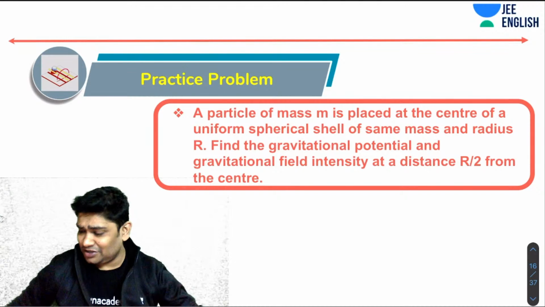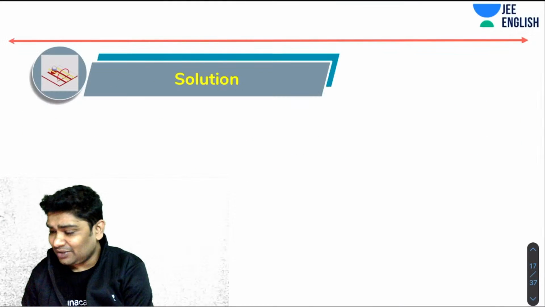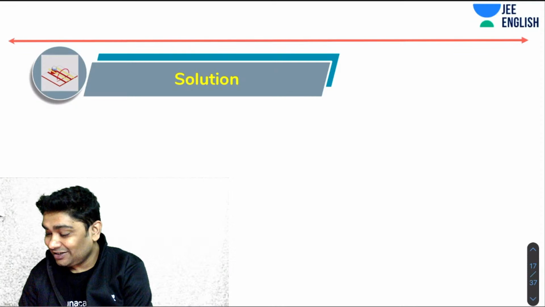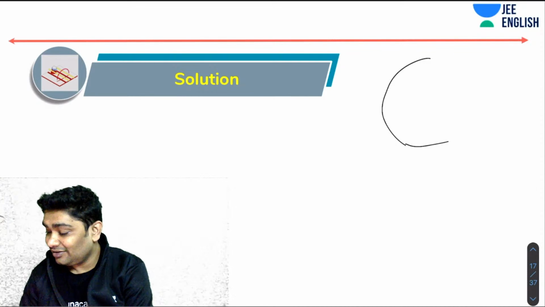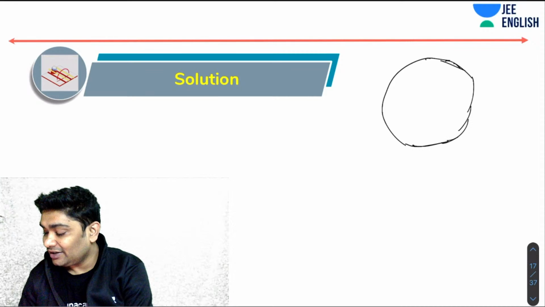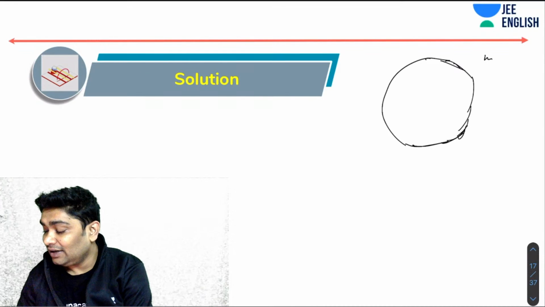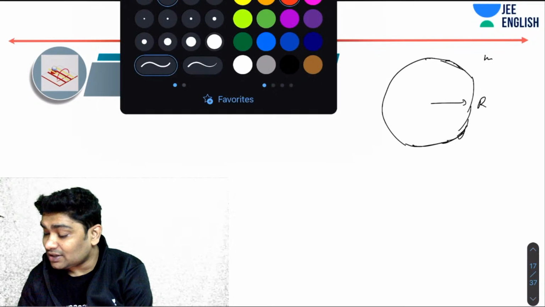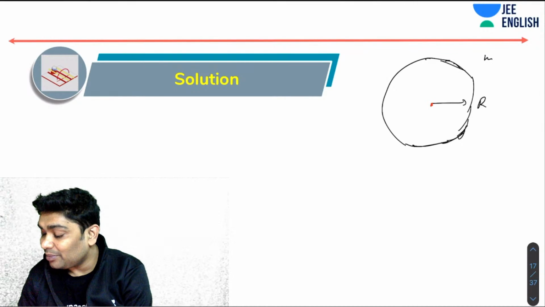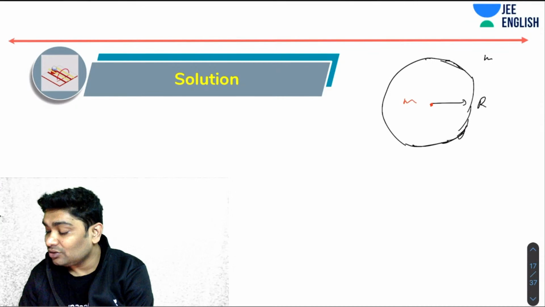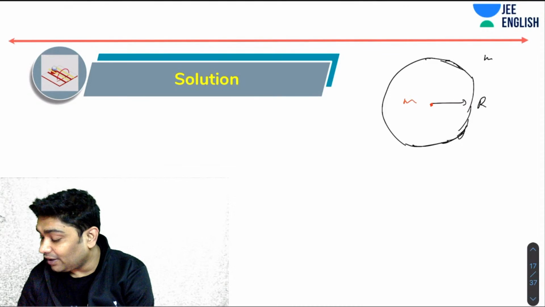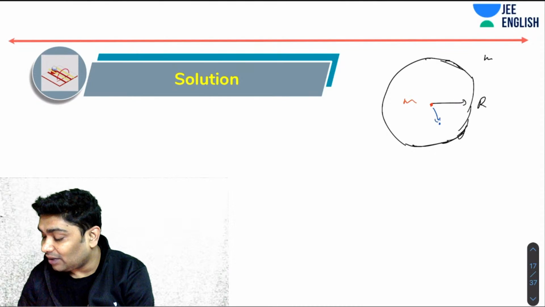Okay, that is strange. This is very simple, let me tell you. Here is a shell. This has mass m, and this has some radius capital R. And you've been told you have also placed another point mass m here. So if you have a point P here, it is at a distance of r by 2.